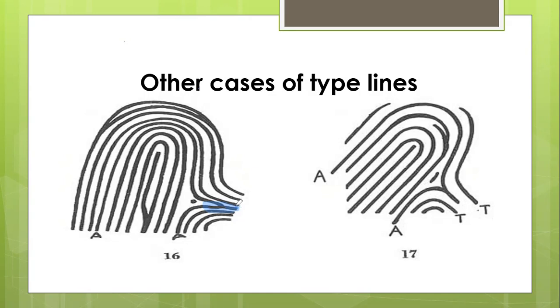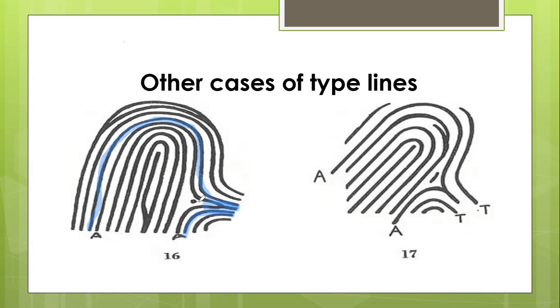Outside of this, considered as the two innermost ridges that run parallel. On the other side, these are the two innermost ridges that run parallel. Because this is what qualifies as type line, since this is the diverging ridge that surrounds the pattern area.